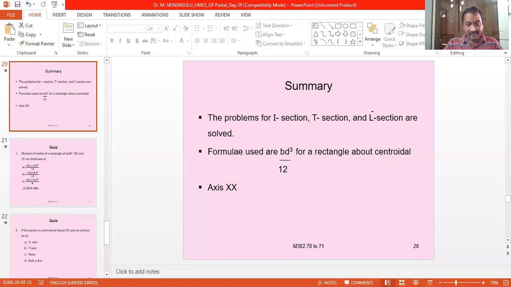In this case, we have used the main formula, that is Ixx for a rectangle is equal to bd^3 by 12, and Iyy for a rectangle is equal to db^3 by 12. The remaining we will take up in the next class.